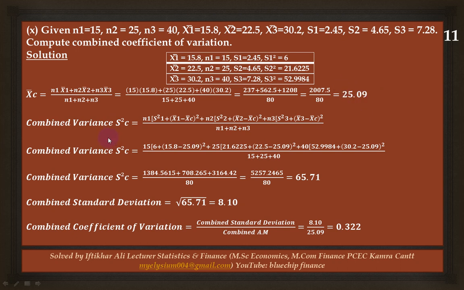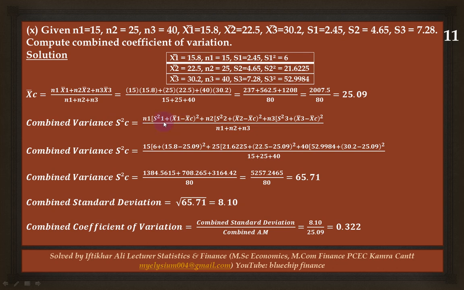Now we apply the combined variance formula. The formula is that n1 multiplied by first variance plus first mean minus combined mean square, and we just remember this part of the formula and just replace 1 by 2 and 3.